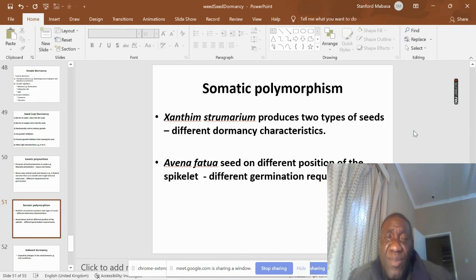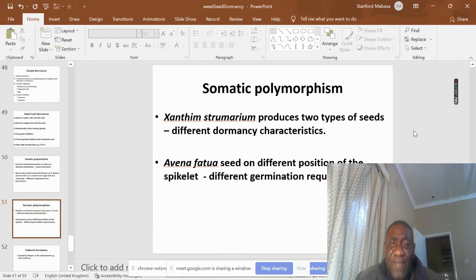Then there's also something known as somatic polymorphism, where seeds are produced from different parts of the plant and they behave differently. For example, Xanthium strumarium produces two types of seeds with different dormancy characteristics.